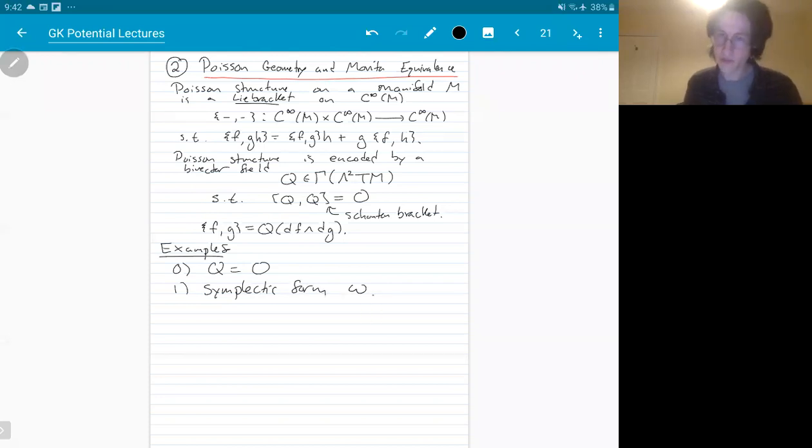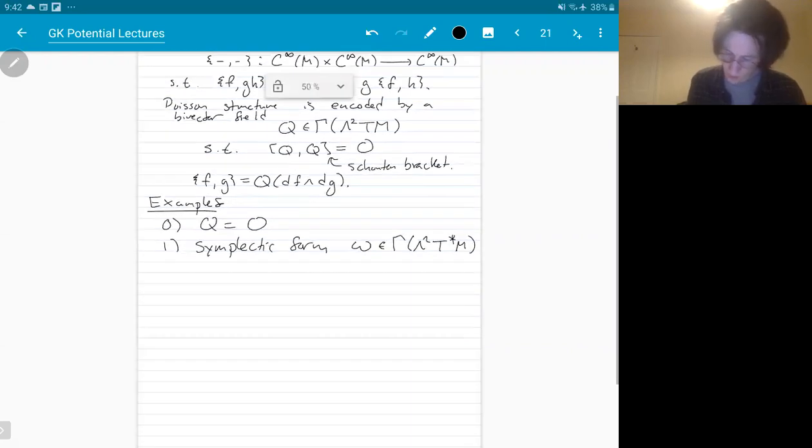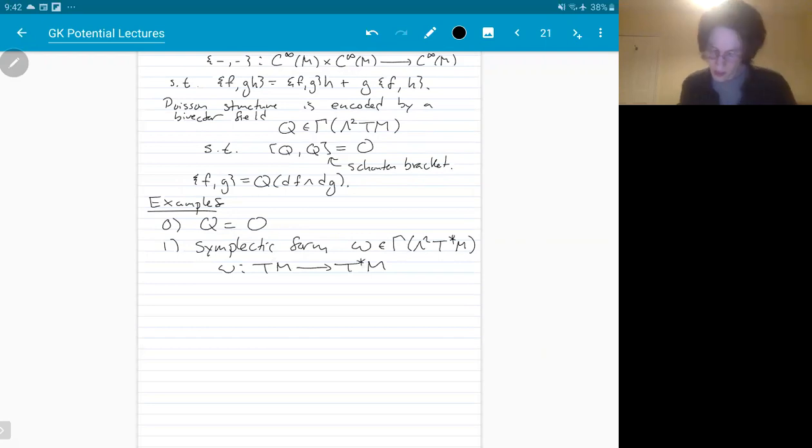It's not a bivector, it's a 2-form, a global section of wedge 2 T star M. But omega defines a map from TM to T star M, and one of the properties of a symplectic form is that this map is an isomorphism, so you can invert it.